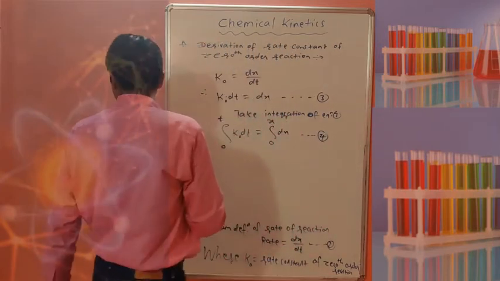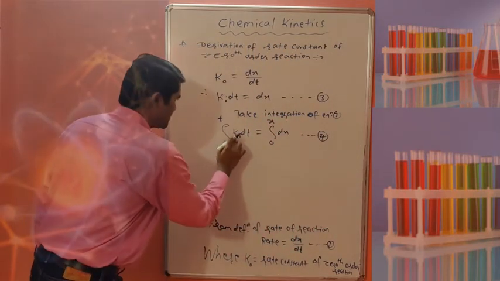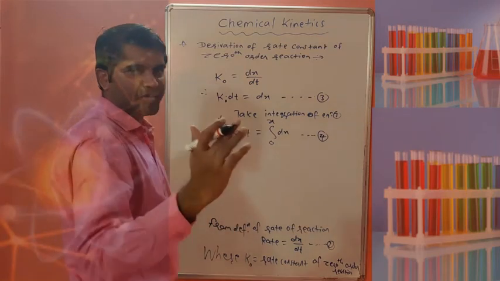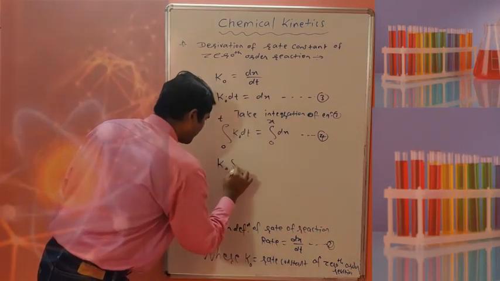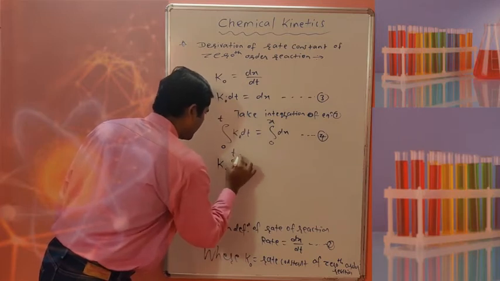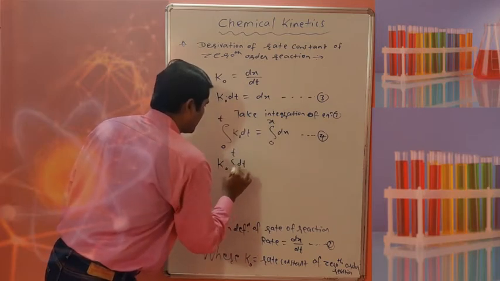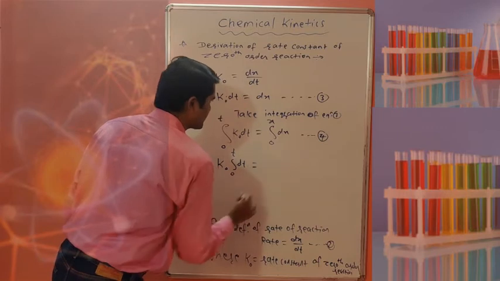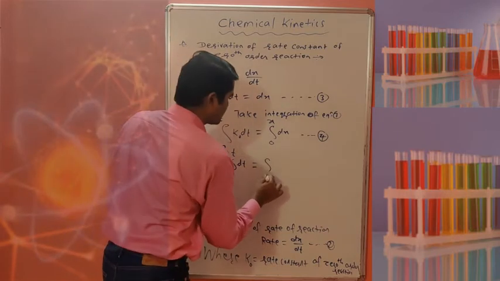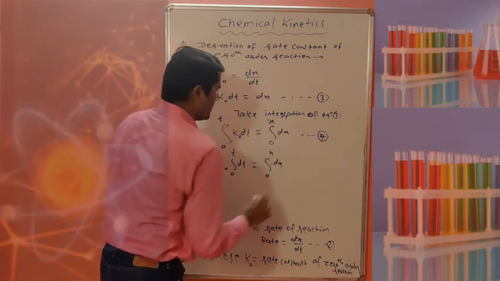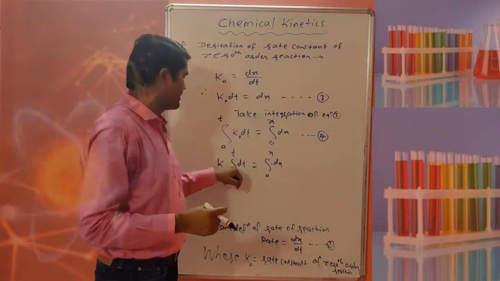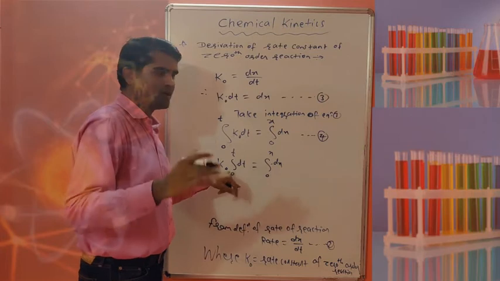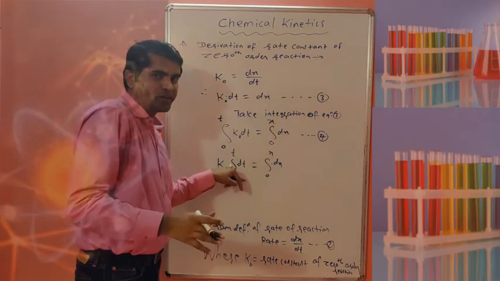Now in this case you can take K0 as constant. K0 is constant, and outside the integration we have to take K0 common. So K0 integration of 0 to t dt is equal to integration of 0 to x dx. Now apply the knowledge of integration. Integration of derivative, I have already told. Integration is 1 upon derivative.